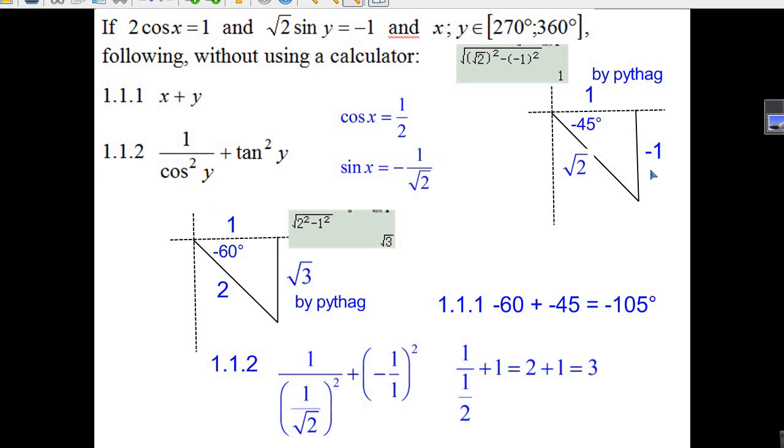The next question just asks about y. Just asks about this angle y here. Well, we know what the cosine of y is. It's 1 over root 2. And then we're supposed to square it. So just do that, 1 over root 2 squared. We know the tangent of negative 45 degrees.